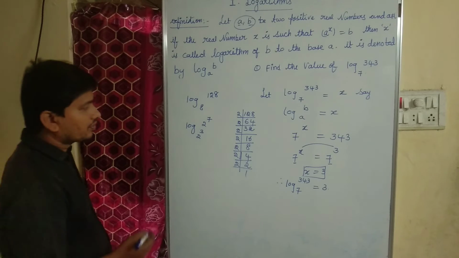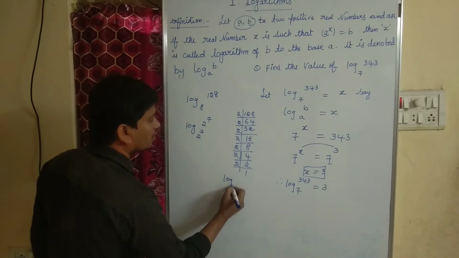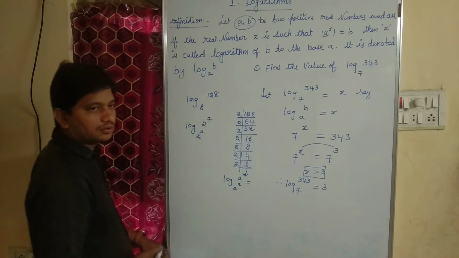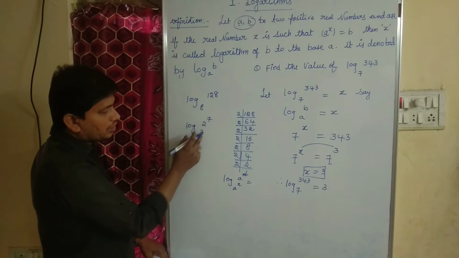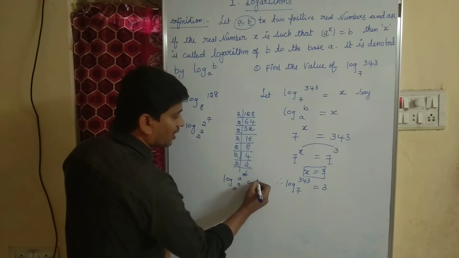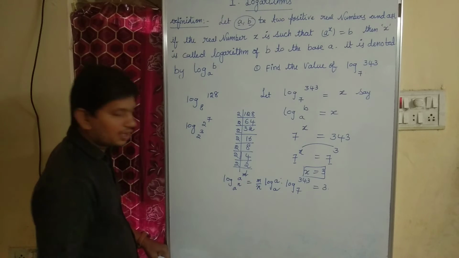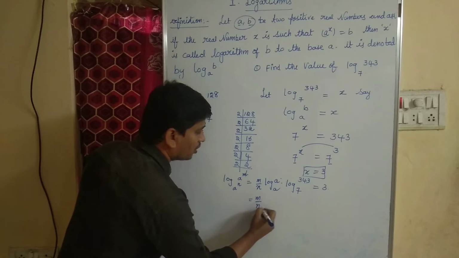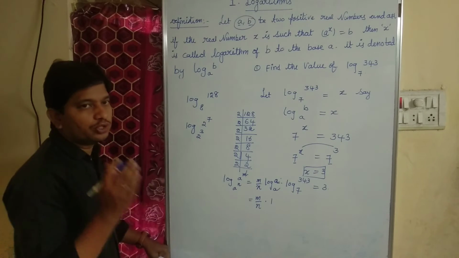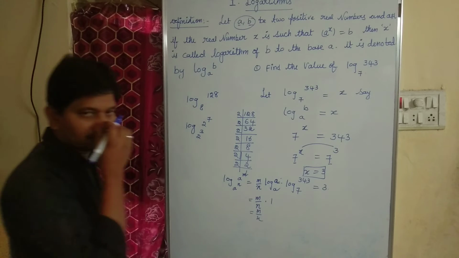We have the form log a raised to the power m to the base a to the power n, which I can write as m by n into log a to the base a, and log a to the base a has value 1. So the answer is m by n into 1, that is m by n.